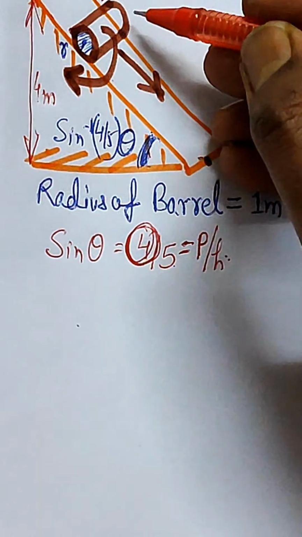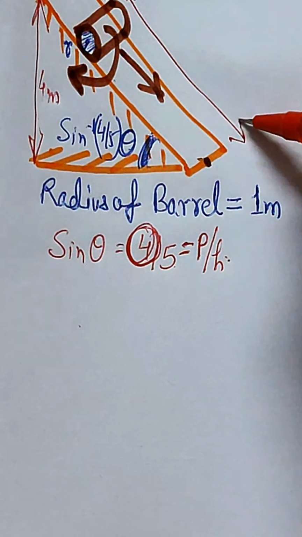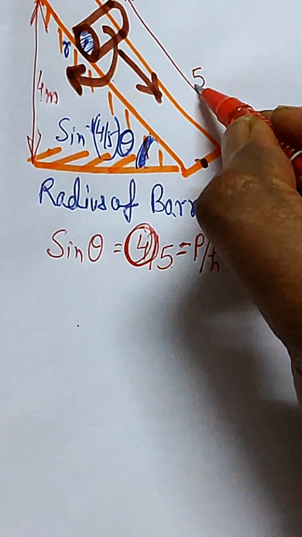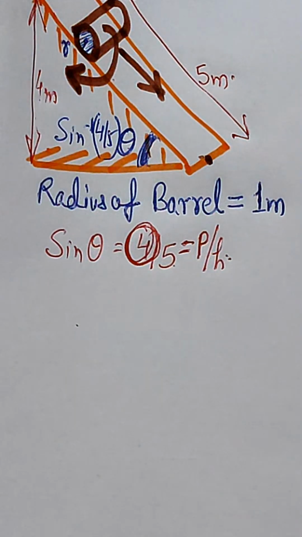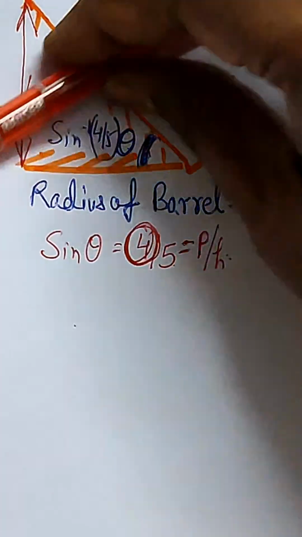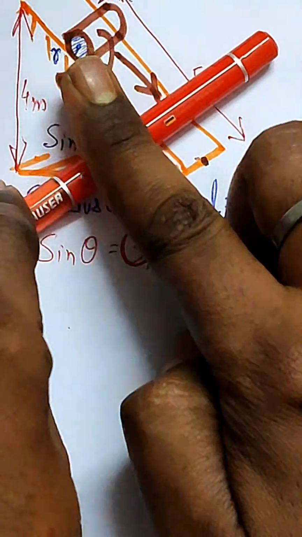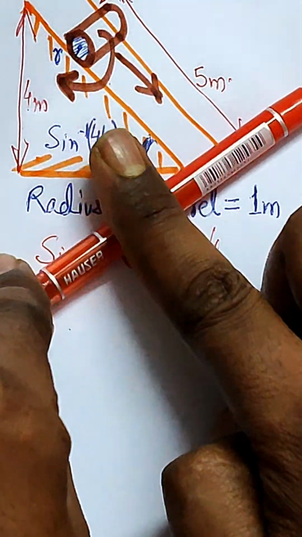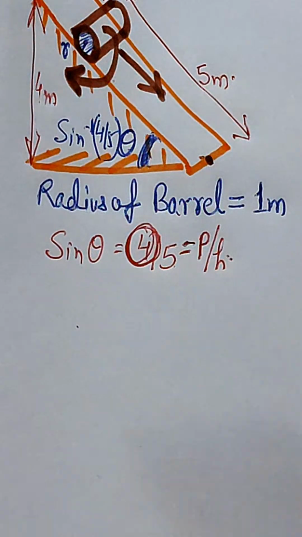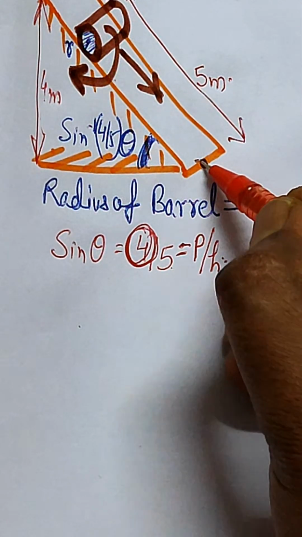So this length is 5 meter, right? And it's also mentioned in the question that this cylinder is just rolling and coming like this, right? So we need to find the speed of the cylinder when it reaches this point.